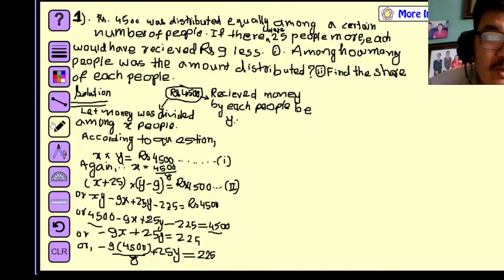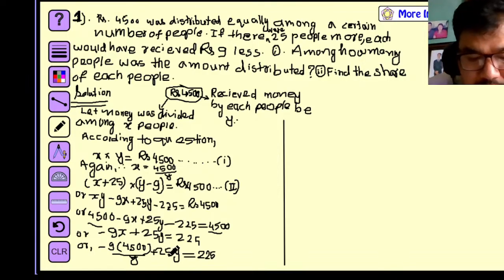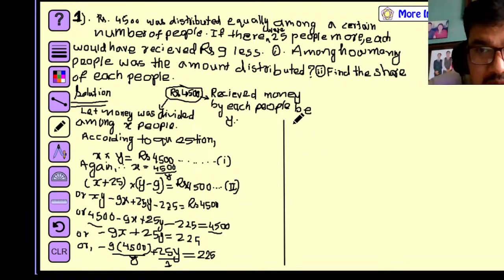Now look, students, let's simplify the remaining side. Below this one there is y, and below the other there is only one. Let's take the LCM of y and 1, which will be y only.